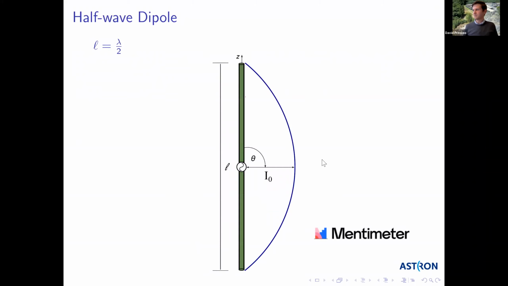Now, very correctly, the electric field radiated is proportional to, let's say, the current that created it. So in the position where the current is a maximum, indeed, you can expect maximum power radiated in that direction.